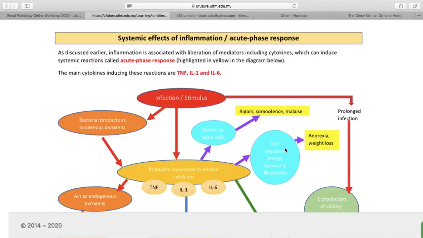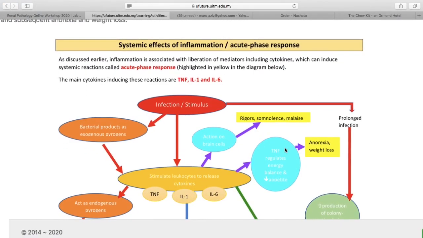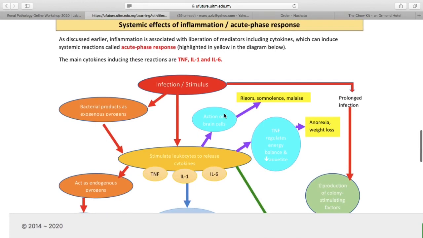So let me just show you an overview of the systemic effects of inflammation and their pathophysiology using this diagram.